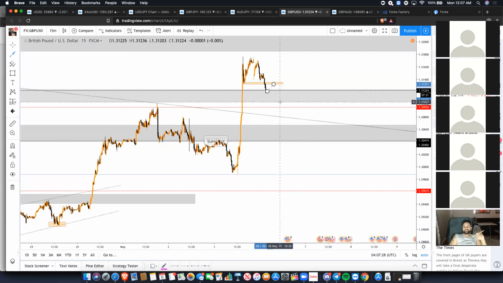That way we don't have all of this as risk, and if it does break it, we just have a zone of like 20, 25 pips of risk compared to the reward.